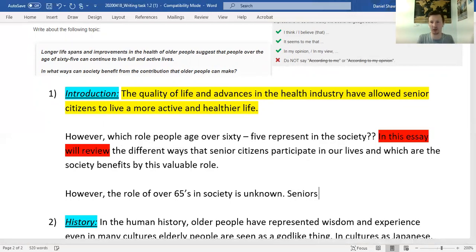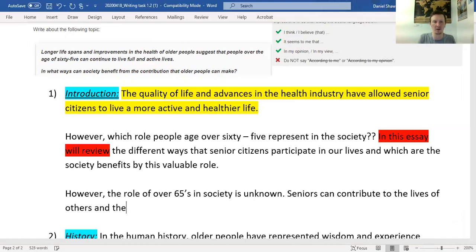Seniors can participate. Let's change this word participate, I'm not sure if we can use this one. Let's say can contribute to the lives of others, their own, and to benefit not only themselves, but also society in general.